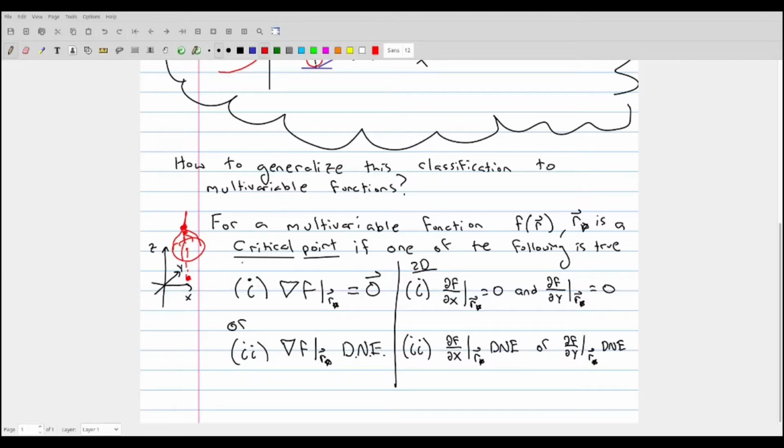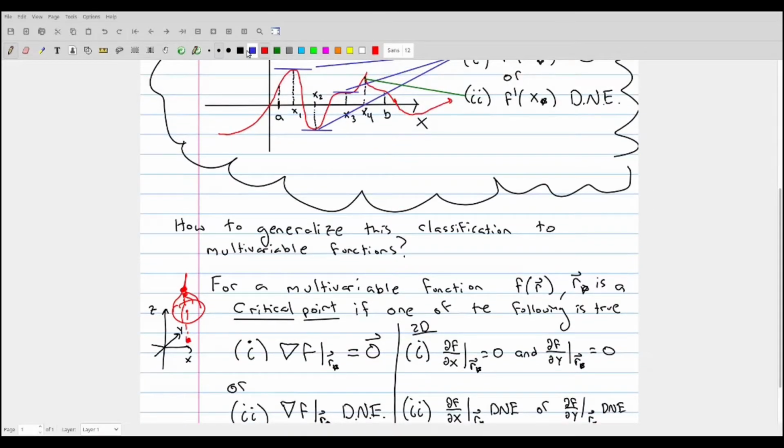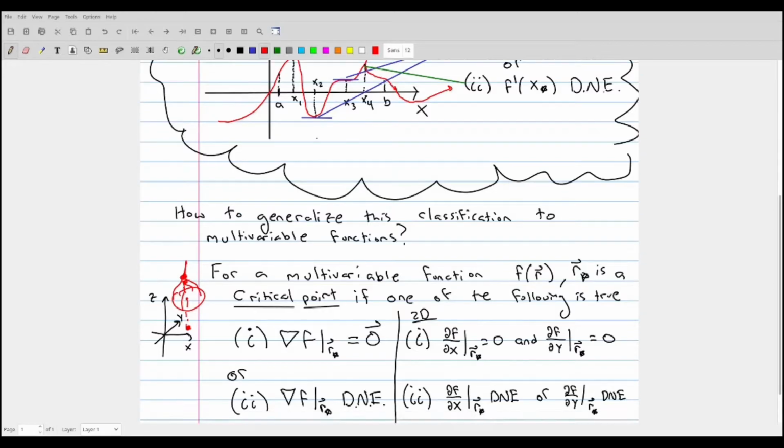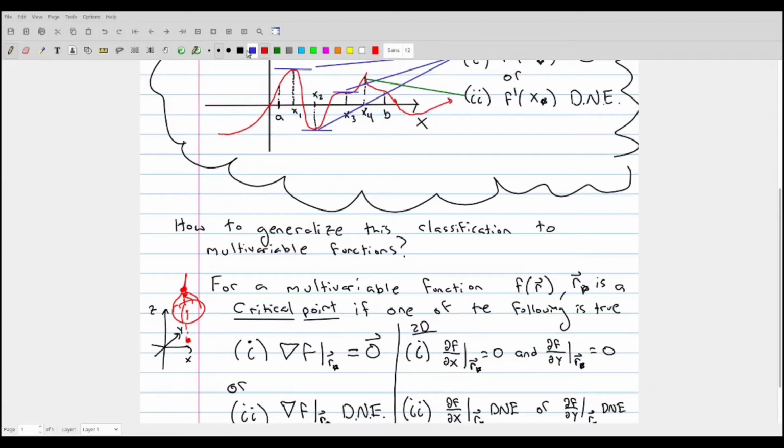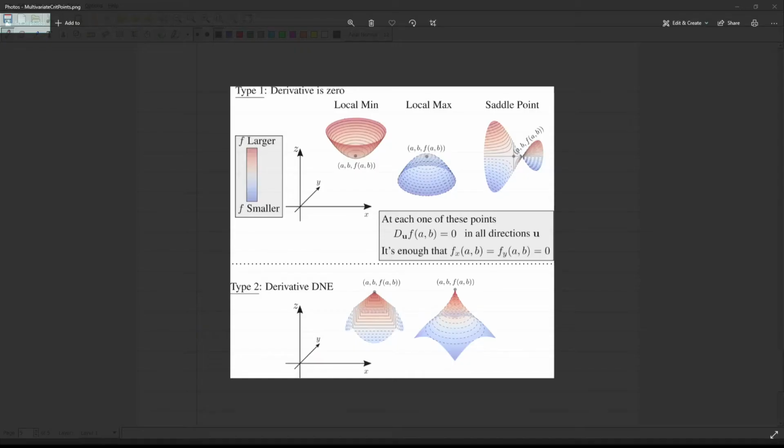In general, at critical points of either type, you expect to have local maximums, local minimums, and what are called saddle points, which are similar to inflection points. This is a general thing that we expect for multivariable functions. So classification of these types of points is going to be very, very important as we move along.